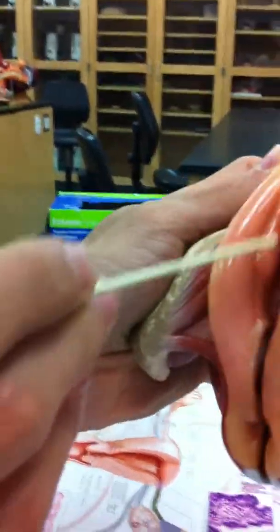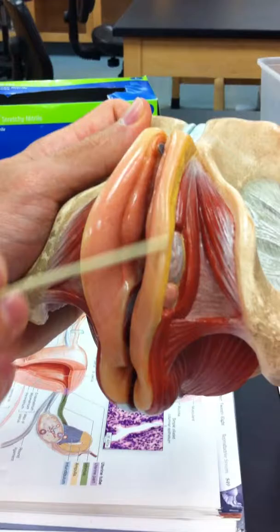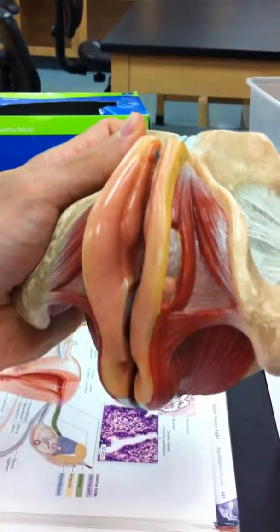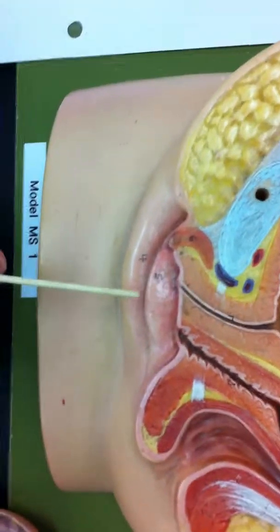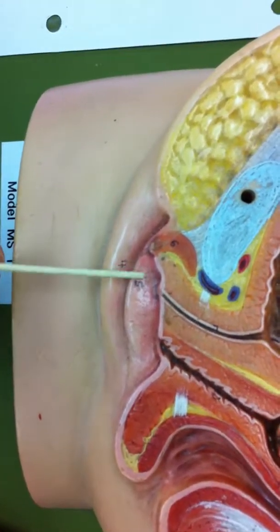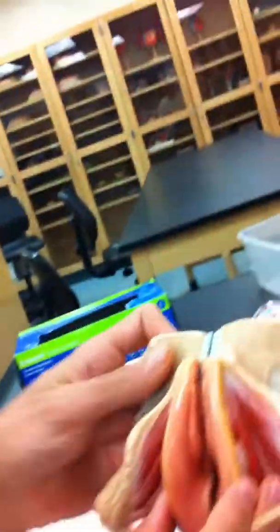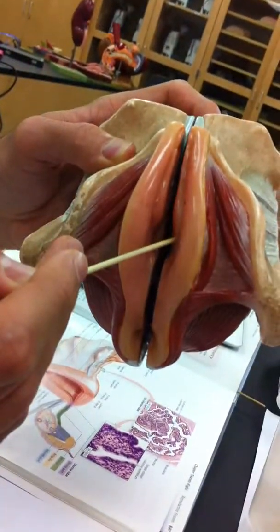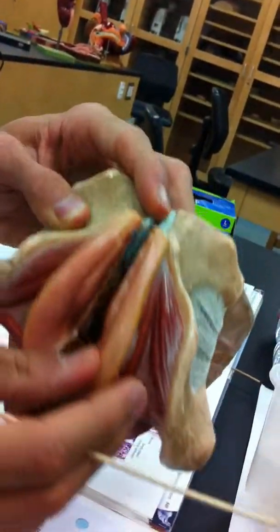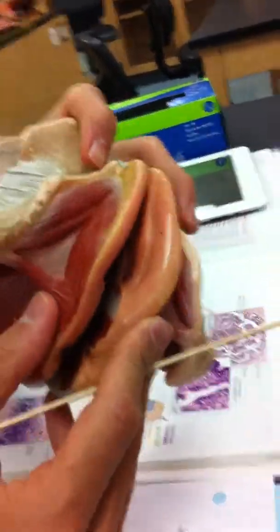The labia majora is the outermost lips, and here it would be seen right there, and the labia minora is the inner lip, and here it would be shown right there. The clitoris is this superior portion, it's right there, and the mons pubis is this fatty portion, which is here.